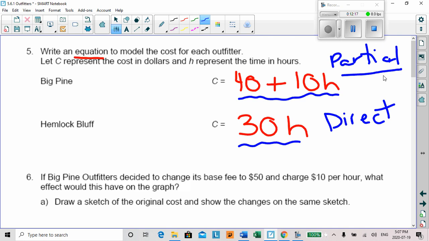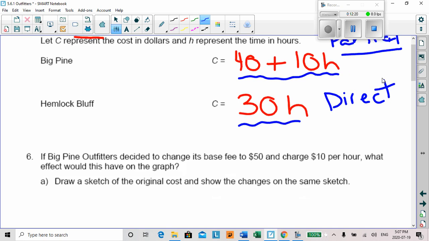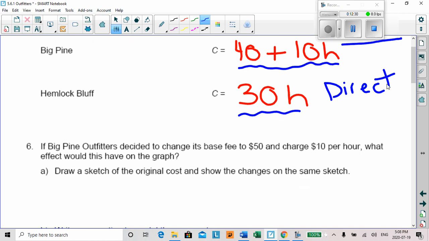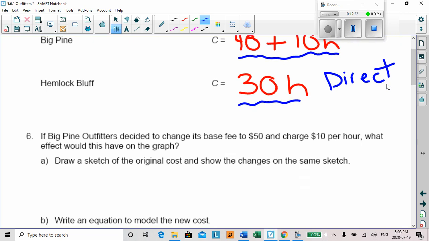If Big Pine Outfitters decided to change its base fee to $50 and charge $10 per hour, what effect would this have on the graph? So remember, I'll just kind of make a sketch of what the original one was. So this was Big Pine, and it went like that. So if I change the base fee, it is now higher, but I still charge $10 per hour.